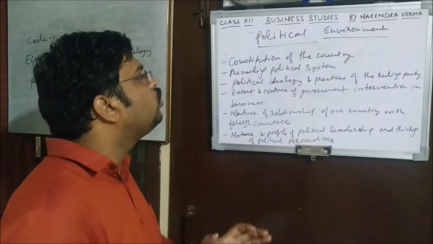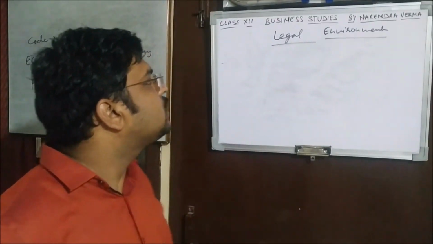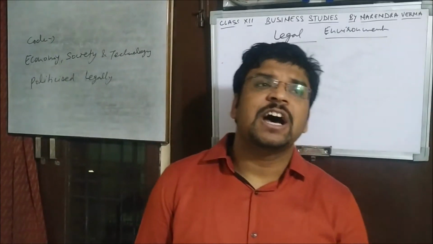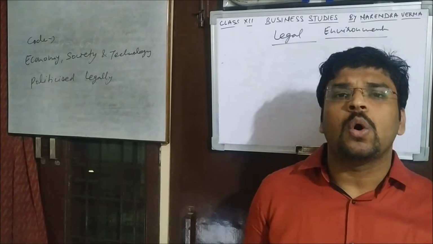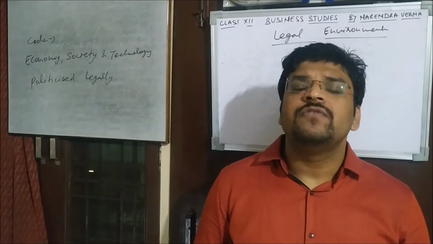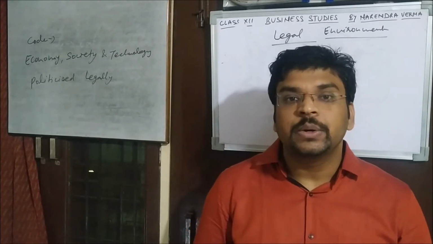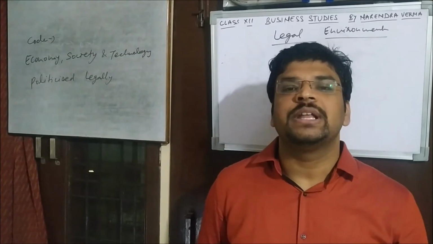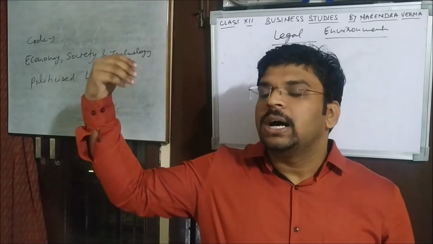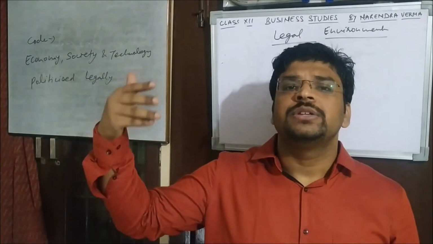Okay, now let's move on to another dimension, which is the last one. The last dimension in your syllabus is the legal environment. Legal environment includes all the laws and various legislation of the country in which the business organization is operating, right? Suppose there is an organization which belongs to India, but it also works in other foreign countries like Japan, China, Germany, Switzerland.